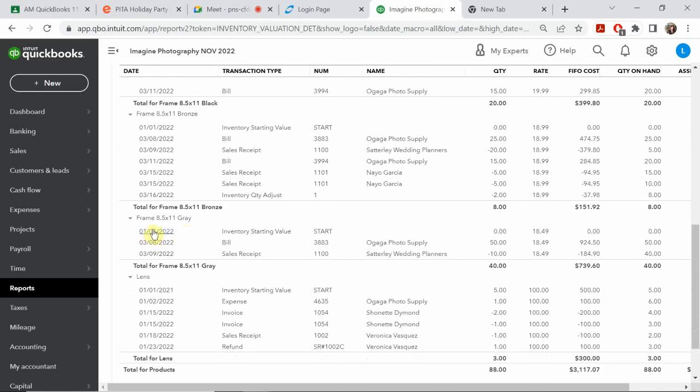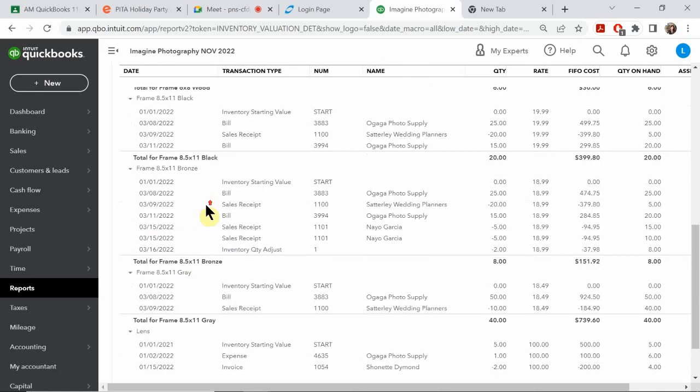The frame bronze. This gives me a track record of all the inventory purchases I've made, right? The bill. So this shows that I purchased it. This also tells me that I sold it. I also received another bill.